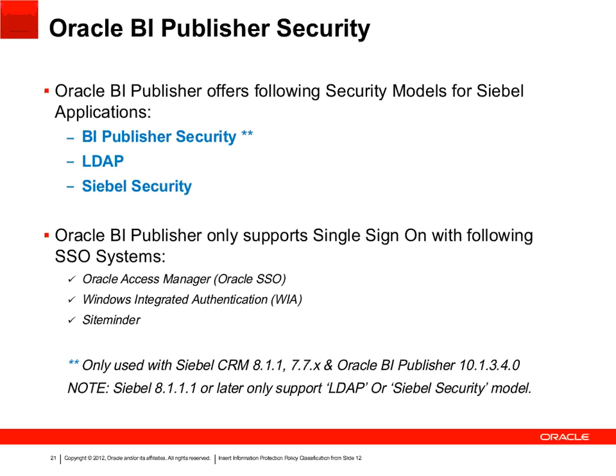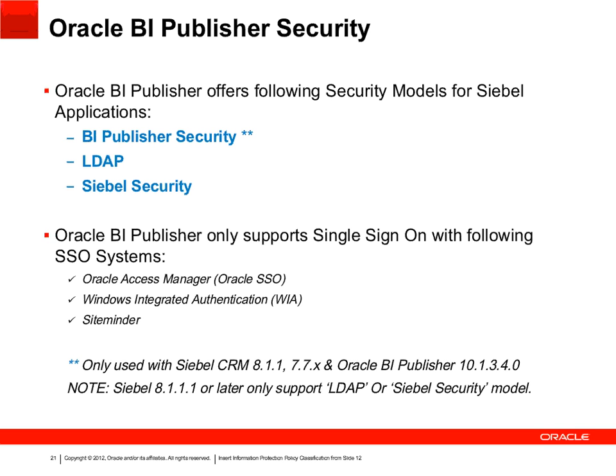Now, the BI Publisher security model can only be used for Siebel version 8.1.1 applications, and that too for BI Publisher version 10.1.3.4.0. Nowadays, with the widely used BI Publisher versions like 10.1.3.4.1 and 10.1.3.4.2, the BI Publisher security model is not used.